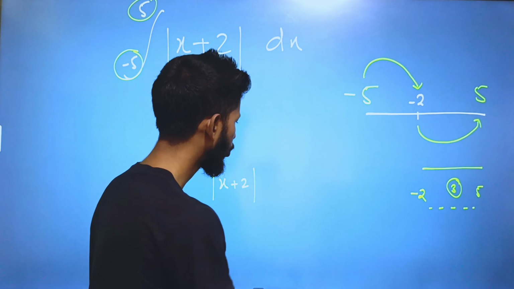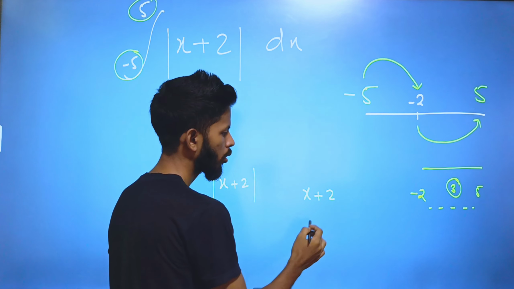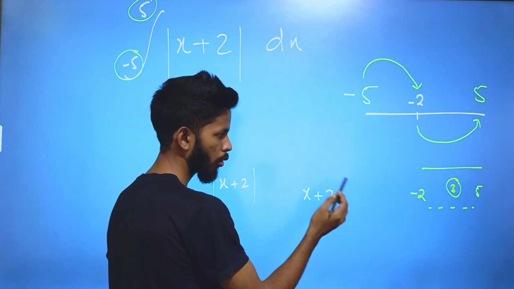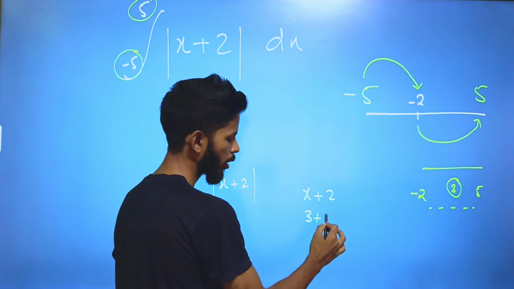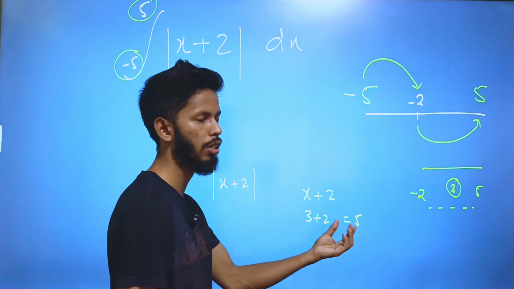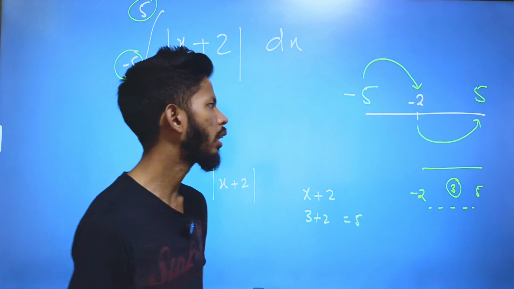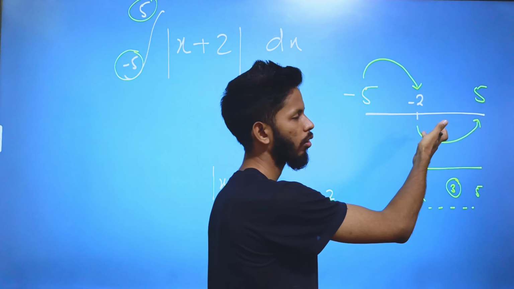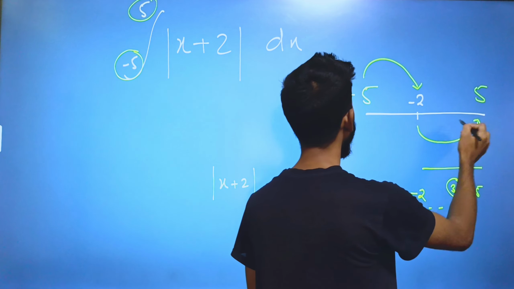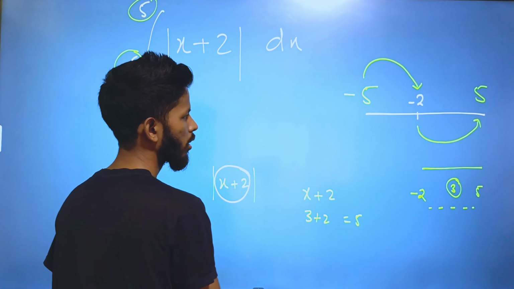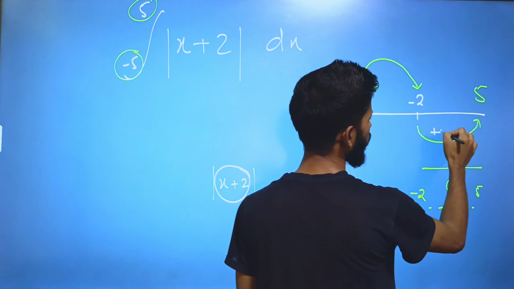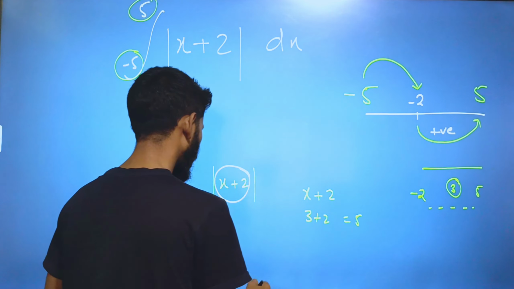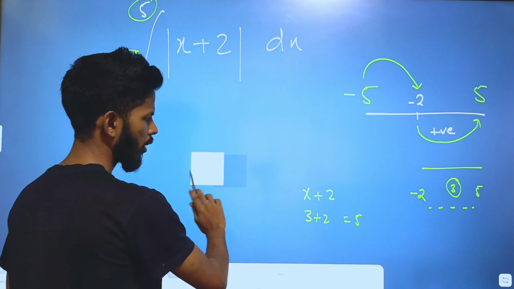If we put x equal to 3, we will have 3 plus 2, that is 5. 5 is a positive number, right? So we can check that in this interval our function gives us a positive value.